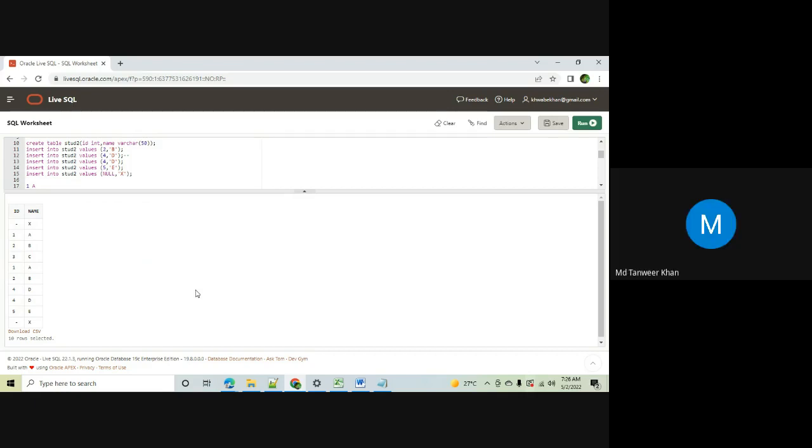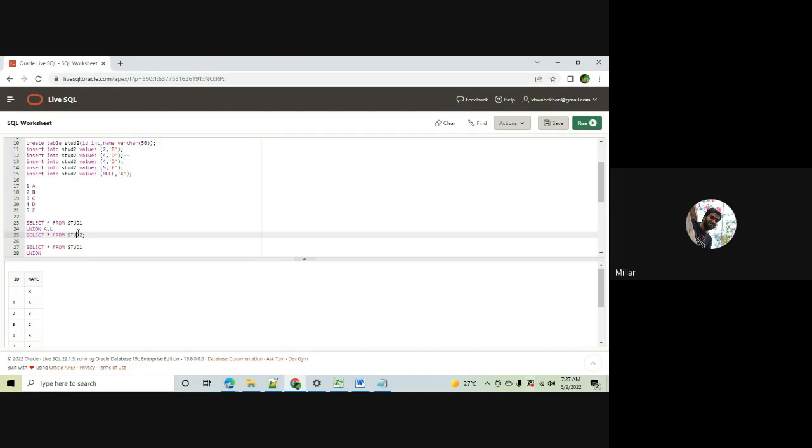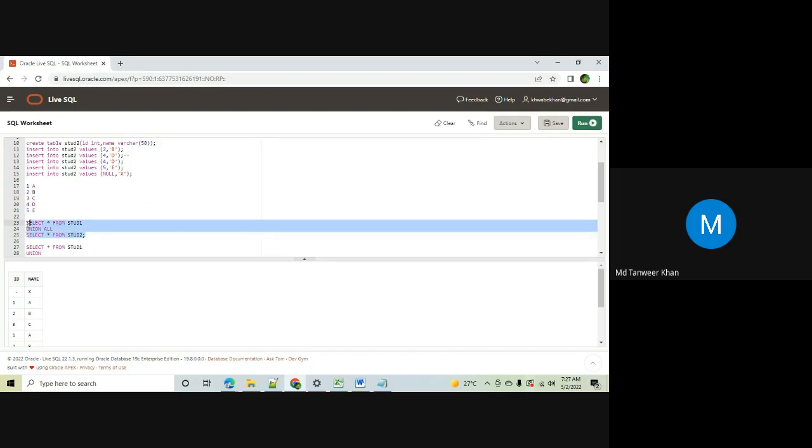Combining both the results means whatever we are getting from the A table and whatever we are getting from the B table, it is combining both. Say for example, in the A table we have six values and in the B table we have five values, then the output will be 11 records. Correct. So union all is very straightforward, no confusion.